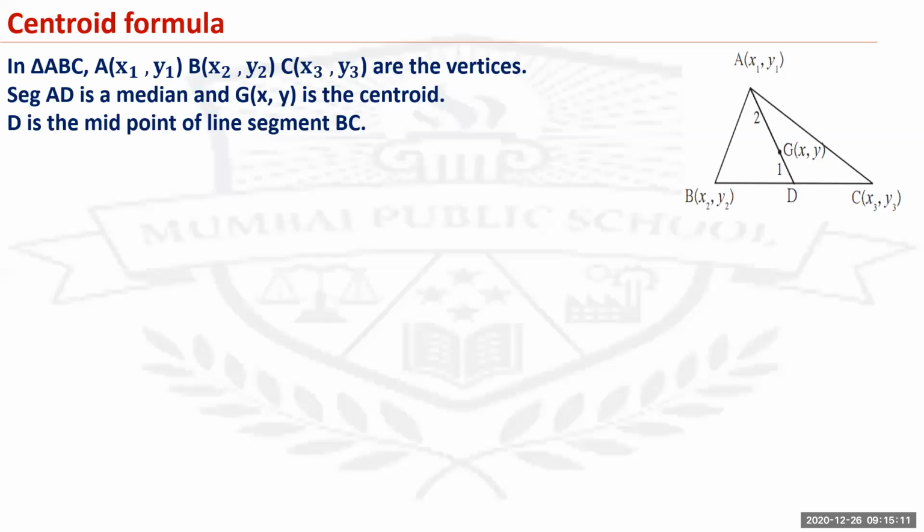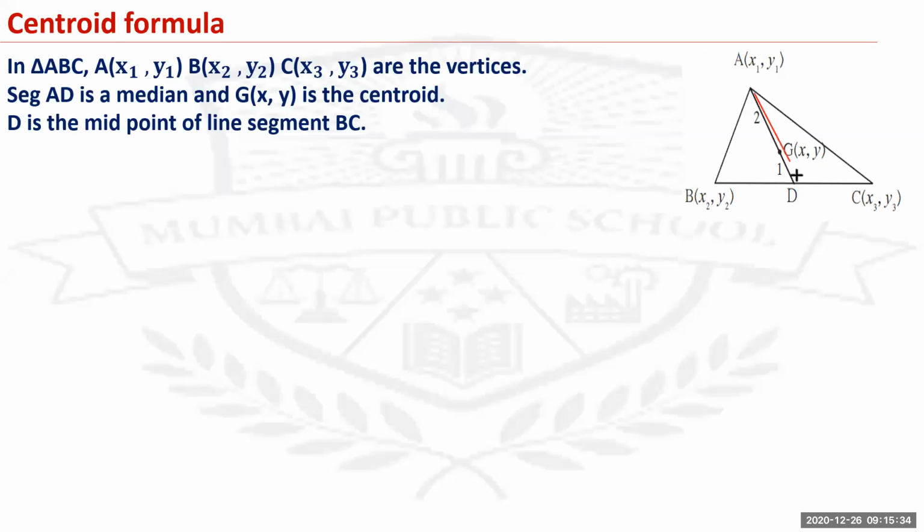The centroid is the center point of the triangle, which is the intersection of the medians of the triangle. The triangle centroid splits the median in the ratio 2:1. Now, you're going to check this median.